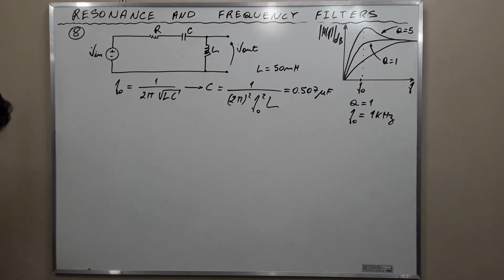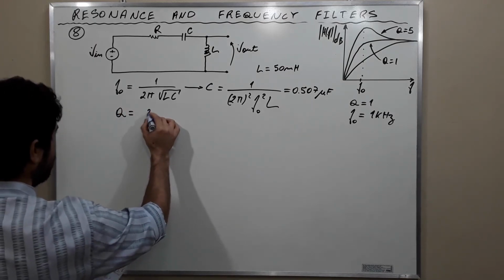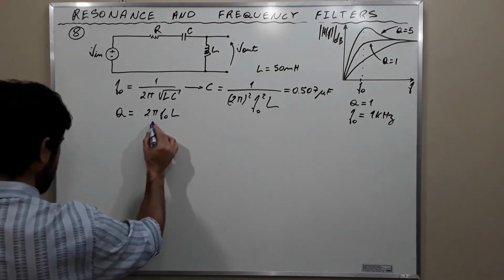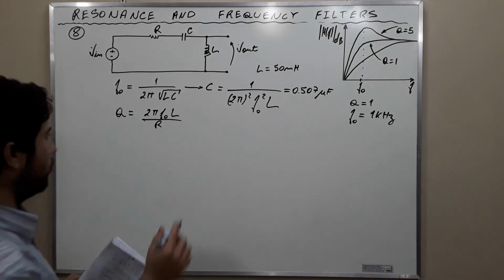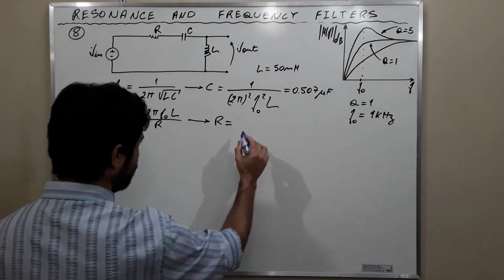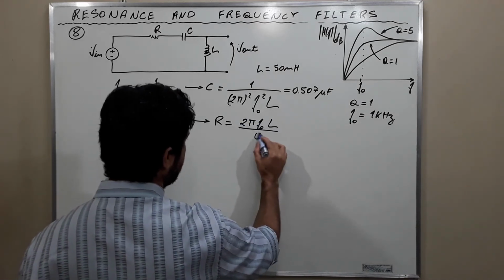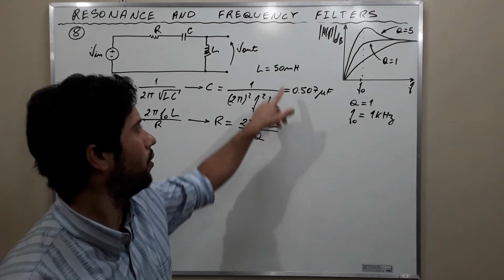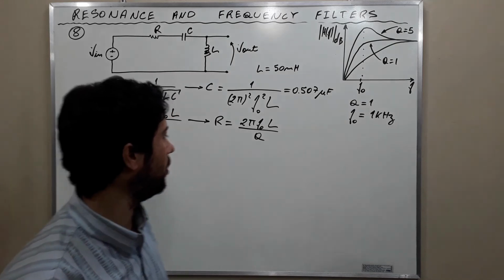Likewise, since Q is equal to 2 times pi times F0 times L divided by R, you can calculate the value of the resistance using this expression. R is equal to 2 times pi times F0 times L divided by Q. We know the value of Q, 1, L is 50 millihenry, F0 is 1 kilohertz.